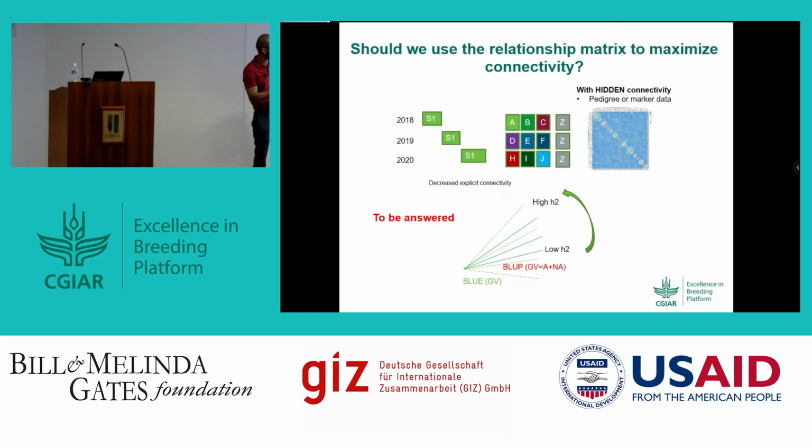Imagine for a minute that these are your stage ones. Like Bo just said, you have different germplasm. It's not the same germplasm in the stage one from this year, from this year, from this year. The connectivity can be built by putting in some checks or some materials that are present, for example this material Z that is present in all 3 years, so that I can connect the data.